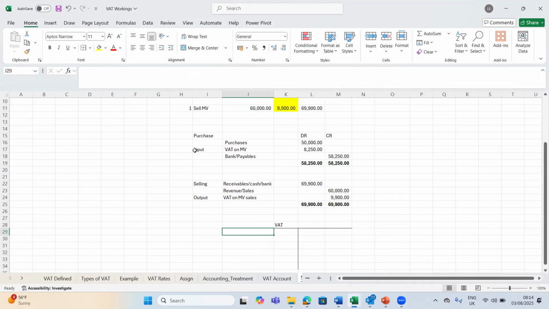Here we're debiting, so you debit this account, you say input. You can add narration, purchase of motor vehicle. How much? This one, 8,250.